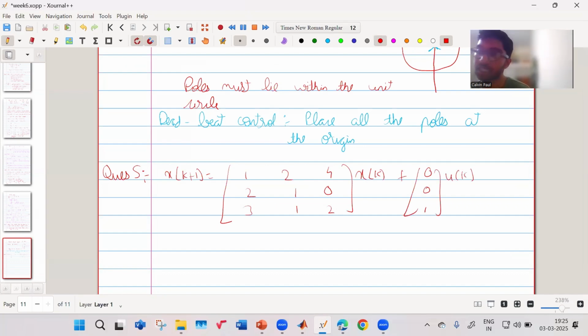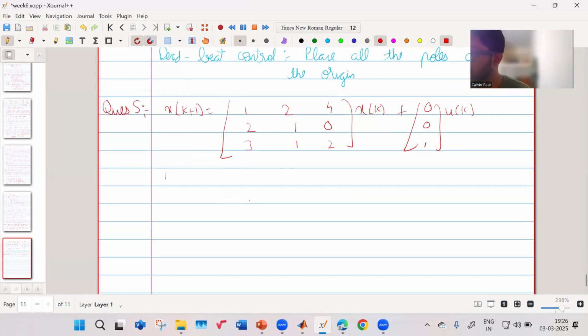Okay, in a discrete time system, we represent in terms of k, where k is the kth sample. So again, we have A minus BK. This will be our representation. A is [1 2 4; 2 1 0; 3 1 2], and since B is similar to what we have in a canonical form, BK is [0 0 0; 0 0 0; K1 K2 K3].